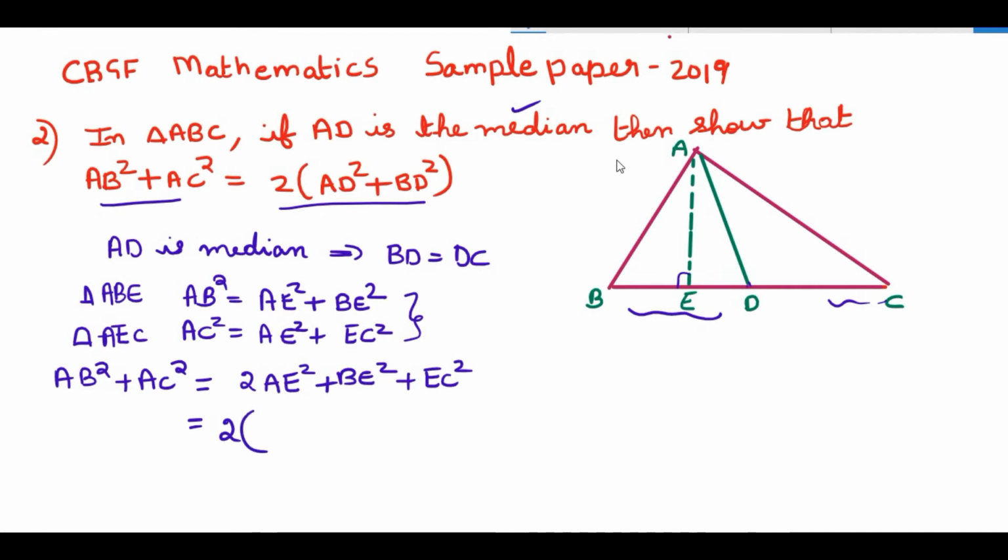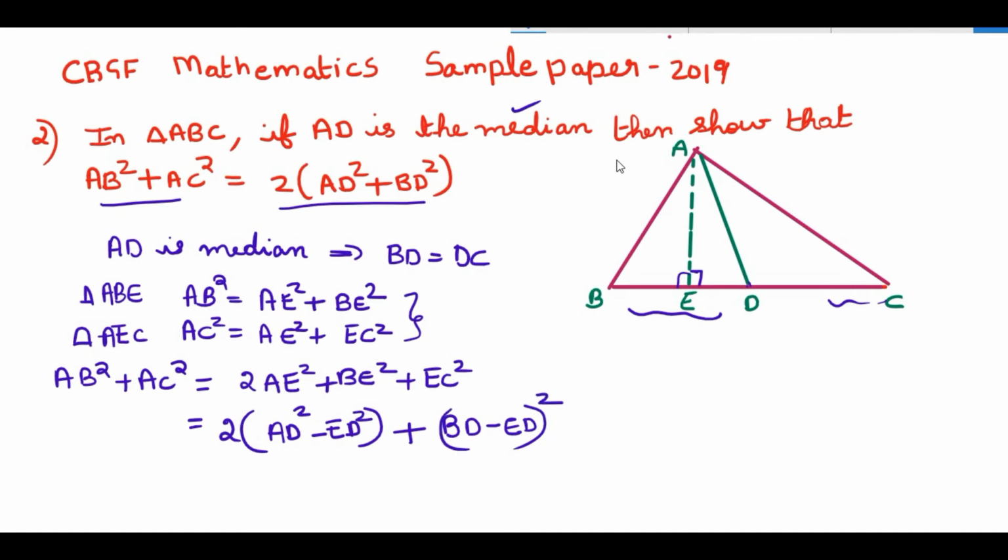We can apply the Pythagoras theorem for this triangle. So AE square is nothing but, AD is the hypotenuse, so AD square minus ED square, plus BE square. BE square I can write BD minus ED the whole square.